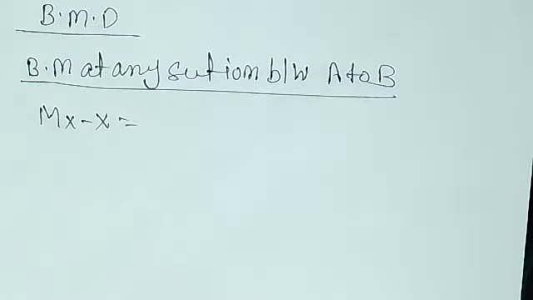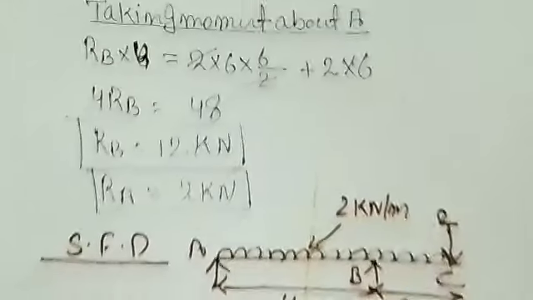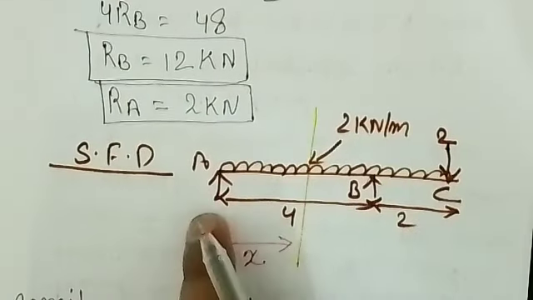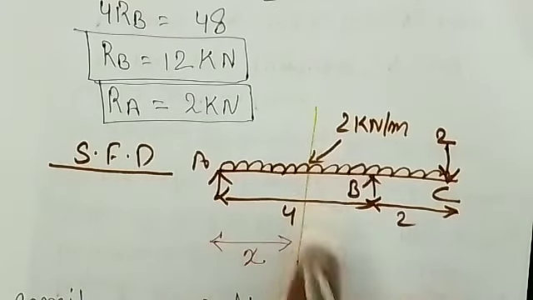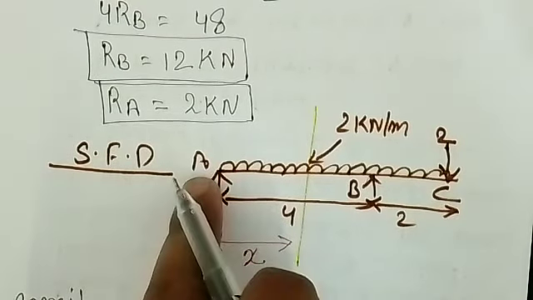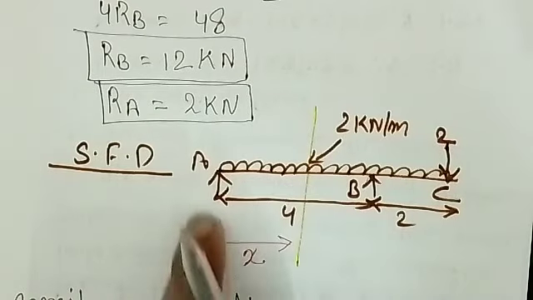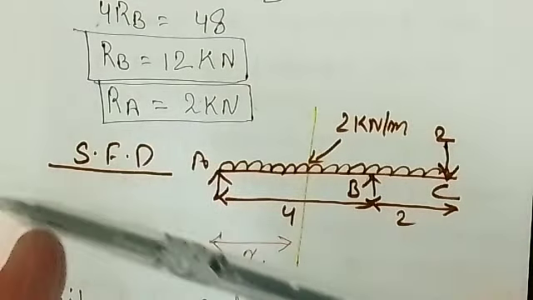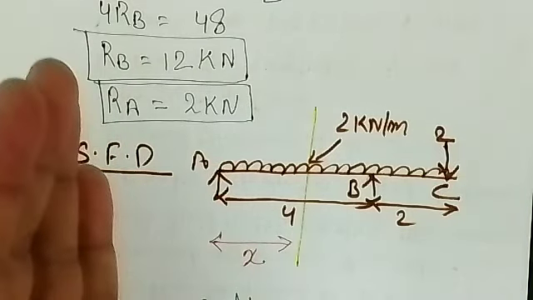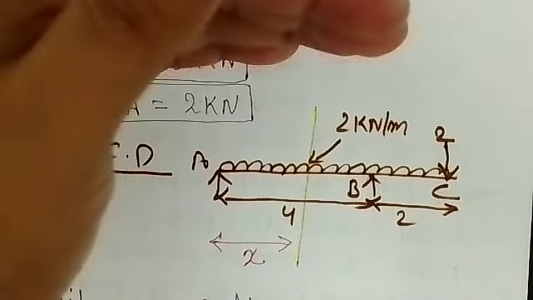So this is it, see, for shear force A to B we have chosen this section XX at a distance of X. So here you are finding the bending moment, which is force into perpendicular distance, that is RA into X. RA into X is positive, why? Because from the left hand side the rotation of the beam will be clockwise, right?